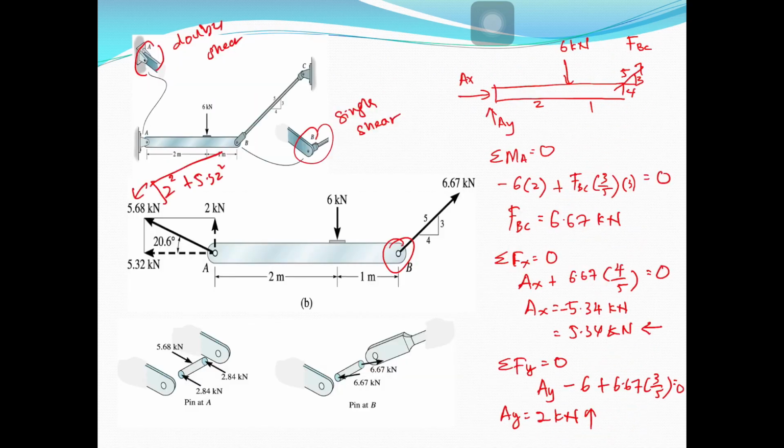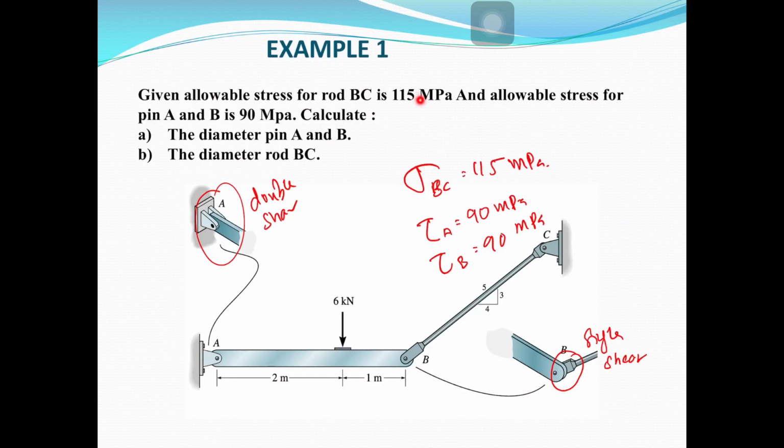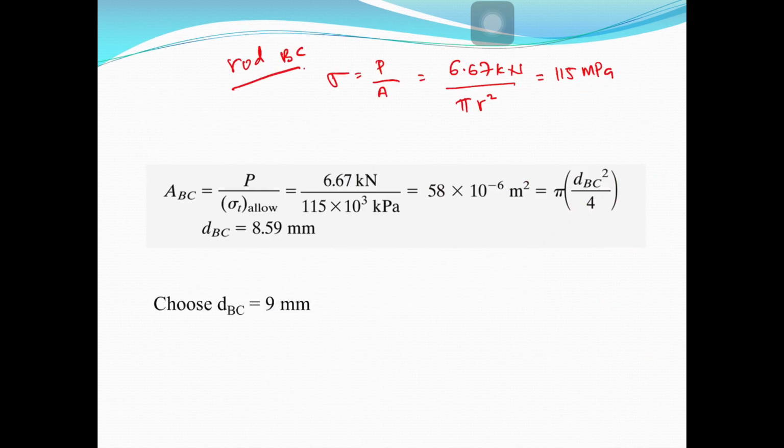Why 115? Because the question gives 115 for the rod BC. So you use the similar procedure, you will get DBC is equal to 8.959 mm. For the safe estimation, you take the larger one, which is 9 mm.